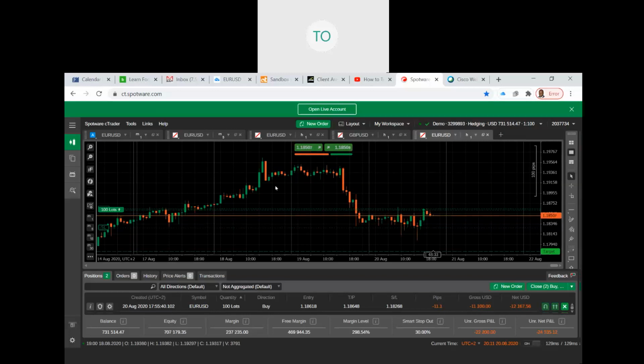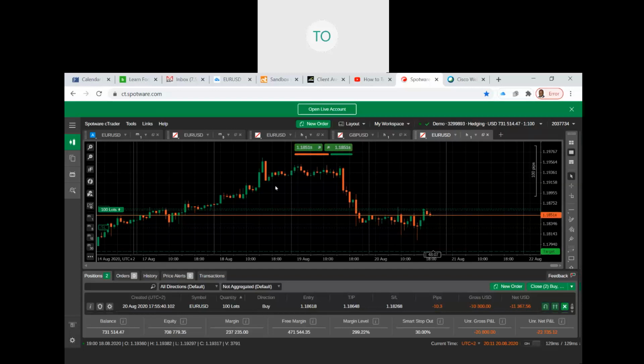The fundamental is essentially the news, the dynamics of the market, what's going on in the US, in Europe, and so on. And trust me, sometimes it can be very messy, and it's a lot of guesswork. It's like shooting in the dark. It's like blindfolding yourself and playing darts.